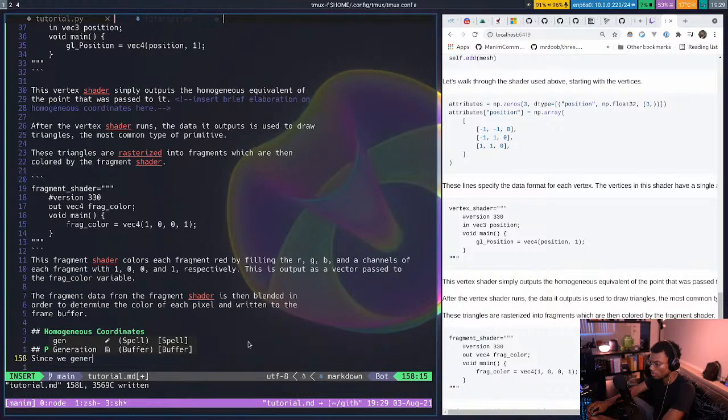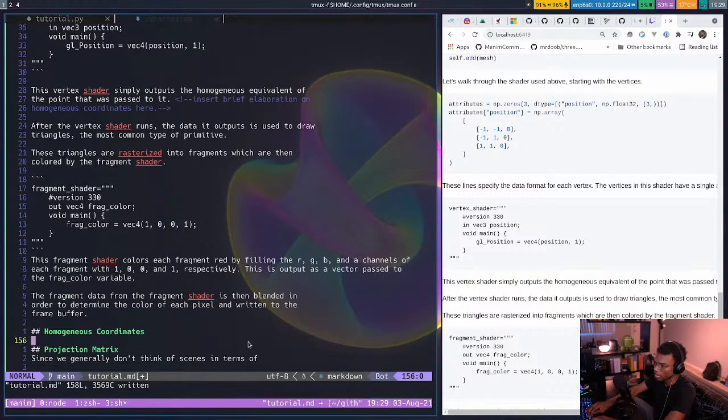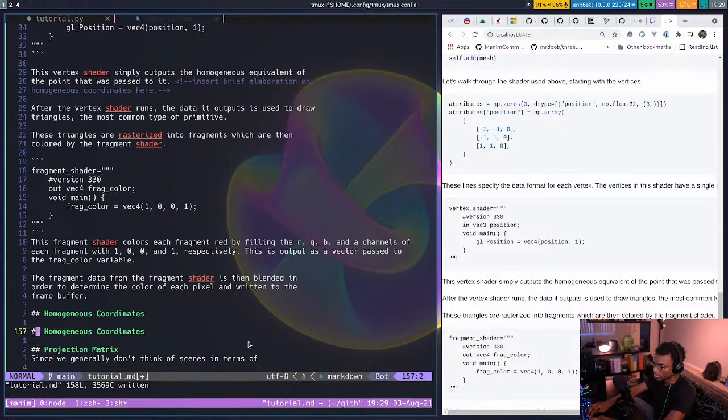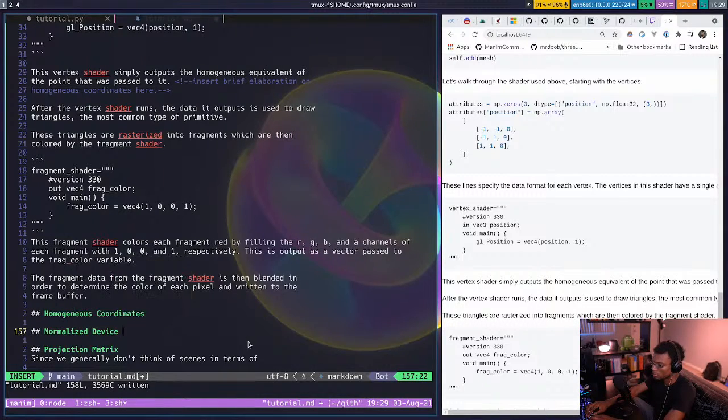Generally think of scenes in terms of... Oh, I'd have to go over normalized device coordinates too, because homogeneous coordinates bring you to the normalized device coordinates. Although these are really easy to explain.